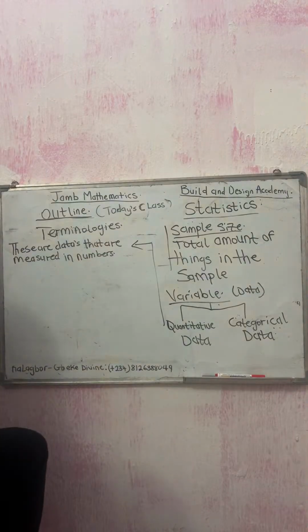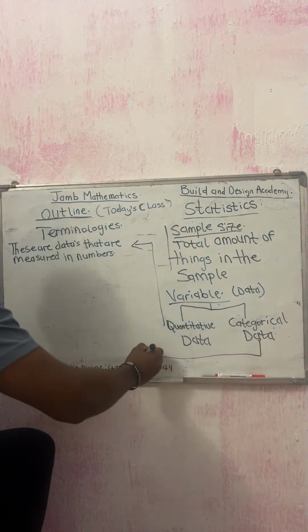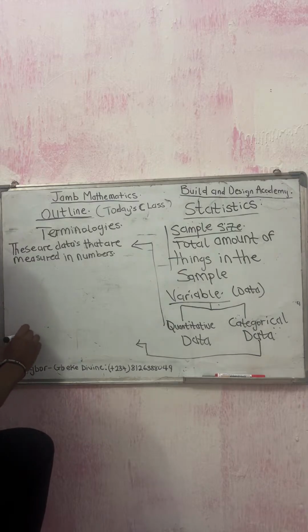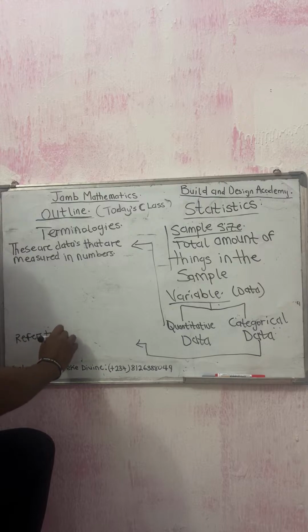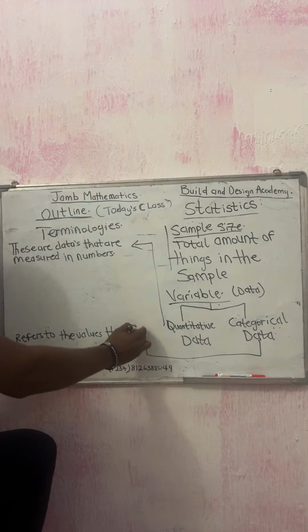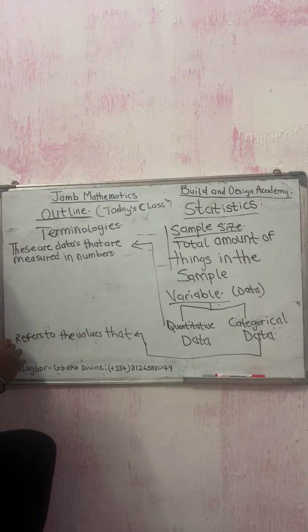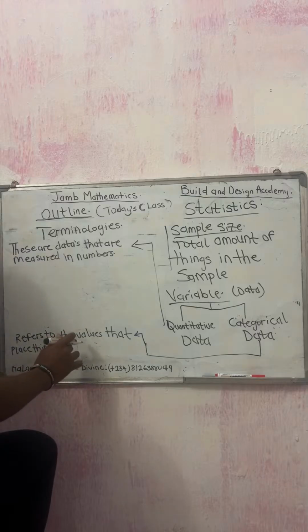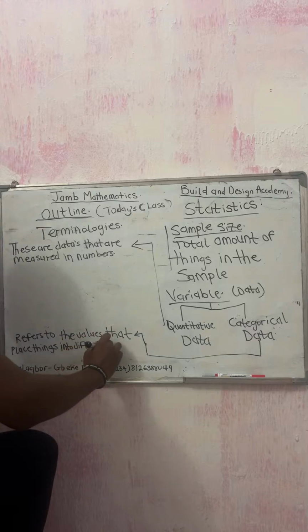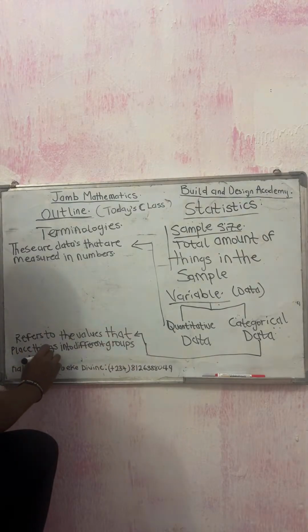While categorical data are data that refer to values that place things into different groups or categories.